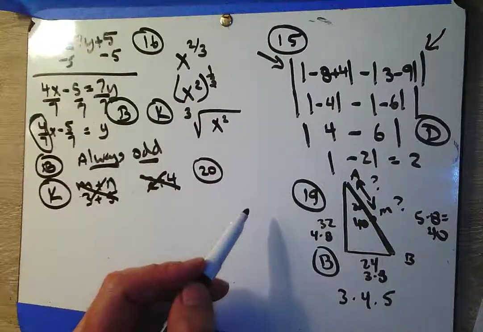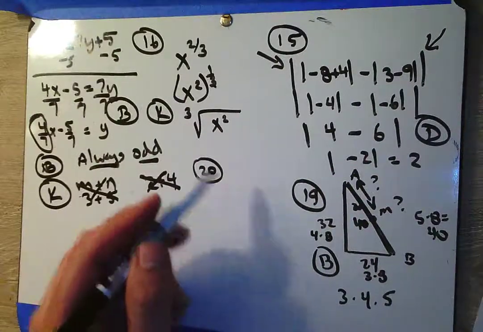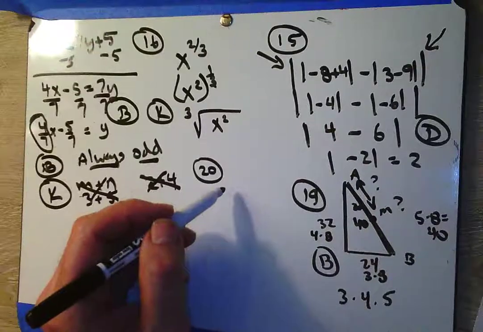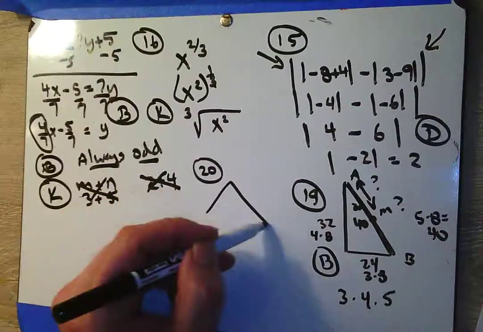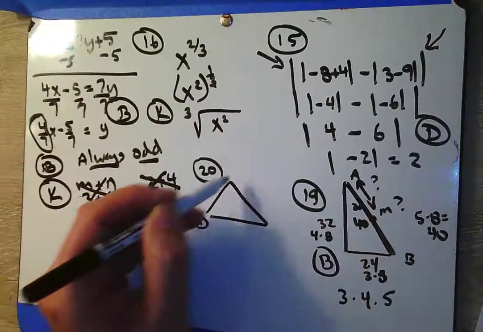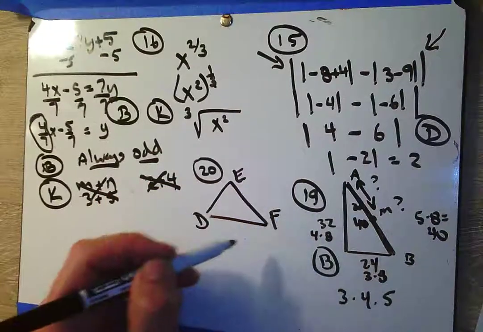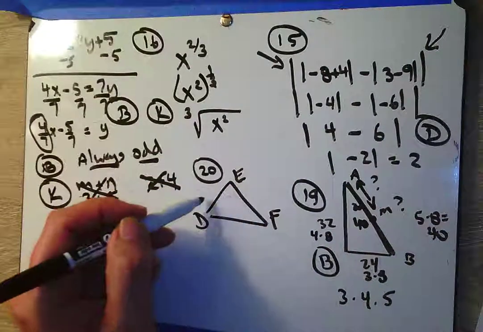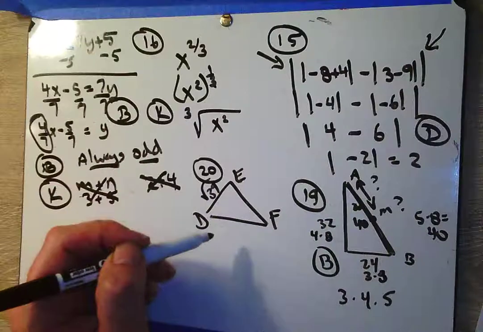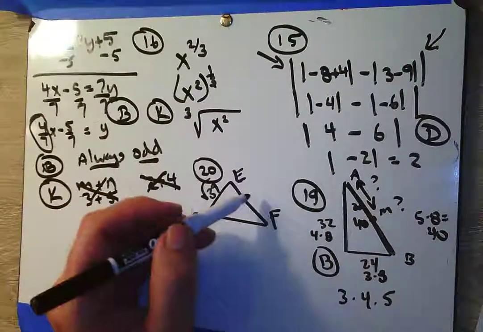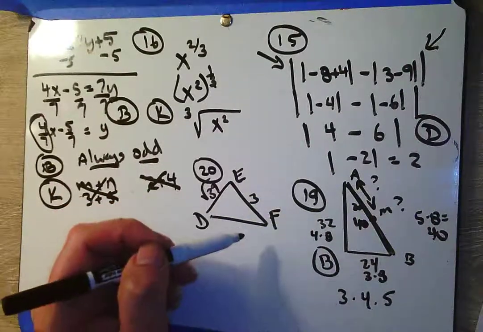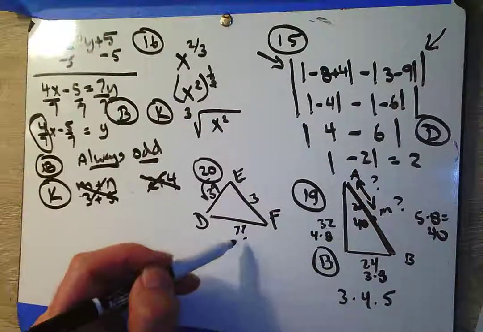20 says the length of DE in a triangle. Now, I notice it doesn't say it's a right triangle. It just says it's a triangle DEF. DE is square root of 39. And the length EF is 3. If it can be determined, what is the length of DF?